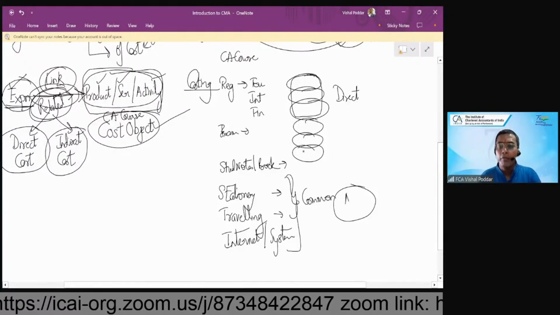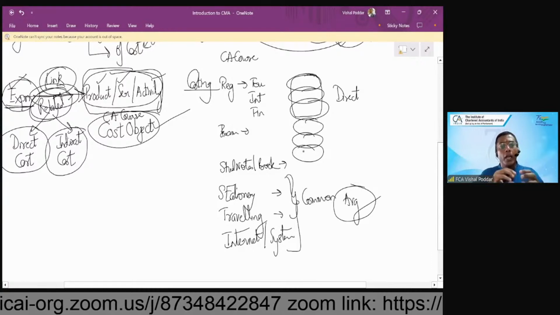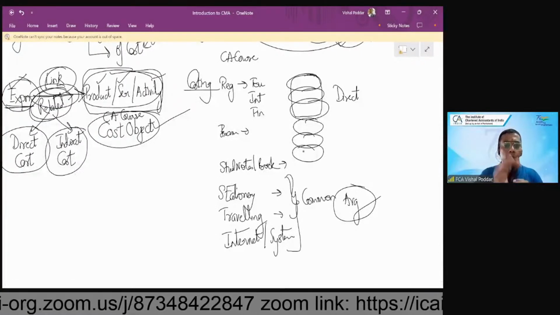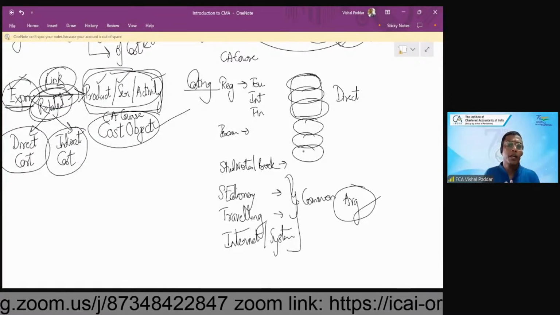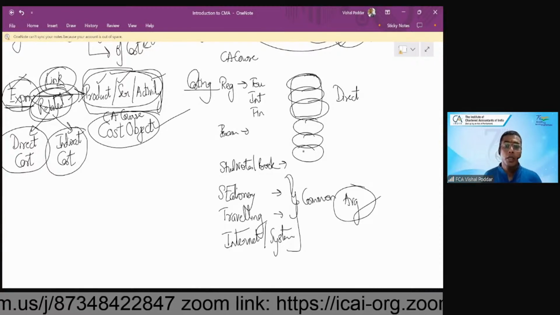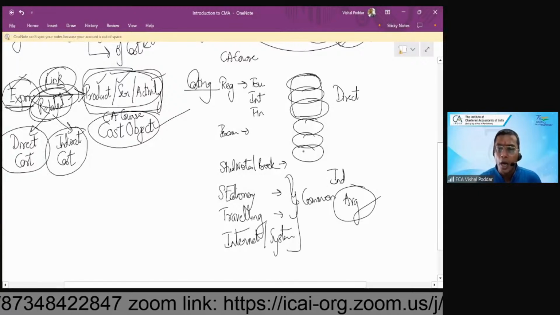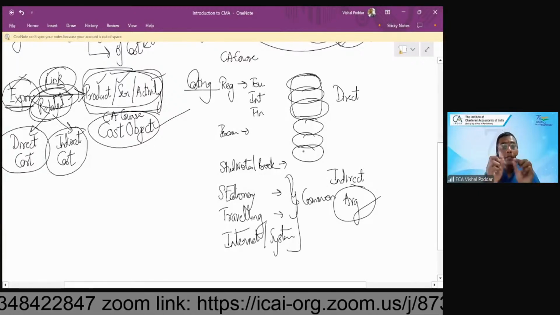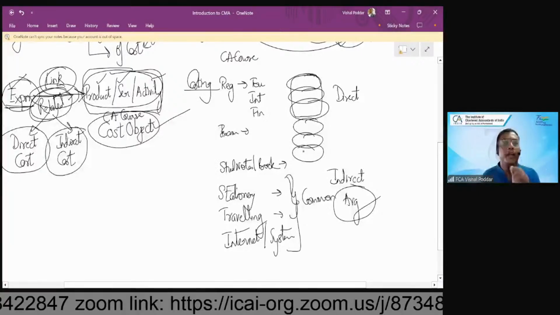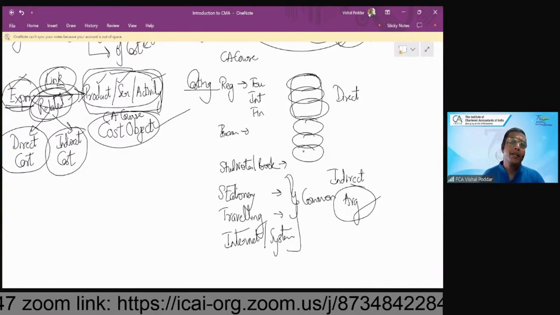I have to do some averaging. I have to do some apportioning, bifurcating. Okay, I'll allocate out of total traveling cost this much for CA course. Out of my total internet and all system related costs, I'll put this much to the CA course. Then in that particular case, those expenses which are incurred but cannot be precisely or easily quantified for the CA course become my indirect cost.